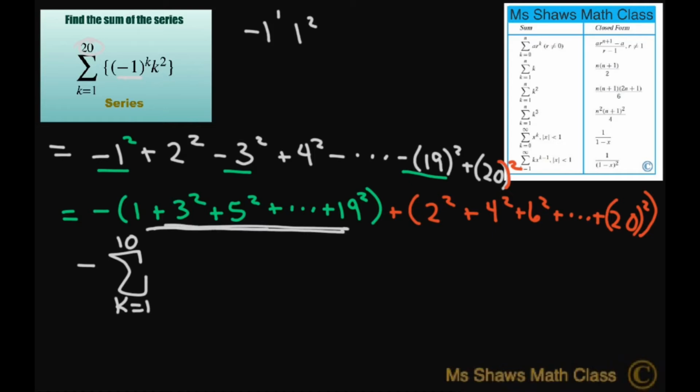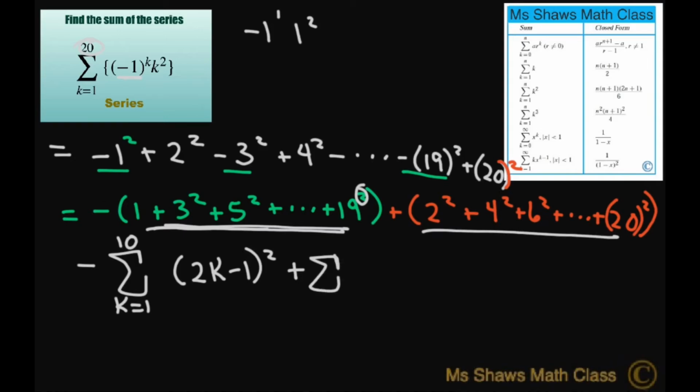And since it's squared, it's our odd number squared, so you're going to write 2k minus 1, that's your odd numbers, and then square it. Then plus these next 10 numbers. So that's going to be the sum from k equals 1 to 10, 10 numbers again, and we're going to have this for even numbers, that's 2k, and then they're squared.